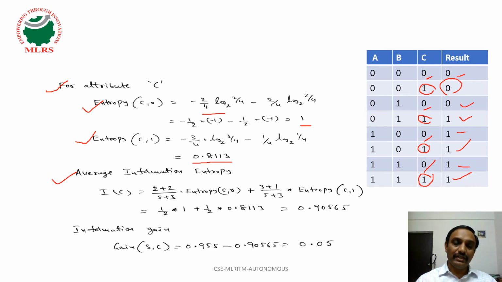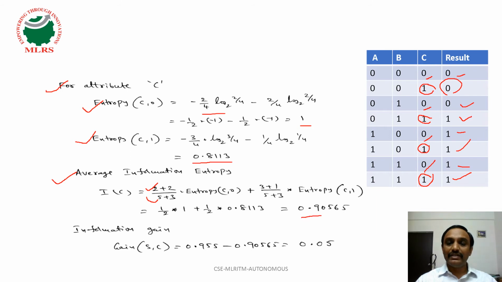So in the numerator, for C value 0, how many positive are there? How many negative are there? 2 plus 2 divided by total positive plus total negative, that is 8, 4 by 8, entropy C comma 0, plus 3 plus 1, that is 4, divided by 5 plus 3 multiplied by entropy C comma 1. So this is the value.